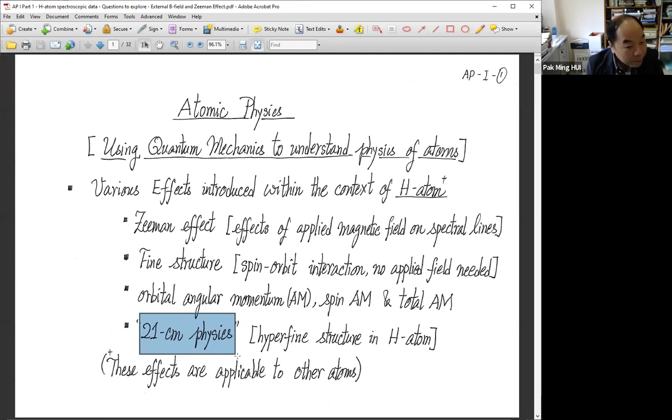They are there. In fact, the heavier the atom, the more important. But the easiest way to see the physics is within the context of hydrogen. That's why we will do some additional terms to hydrogen in part 1.